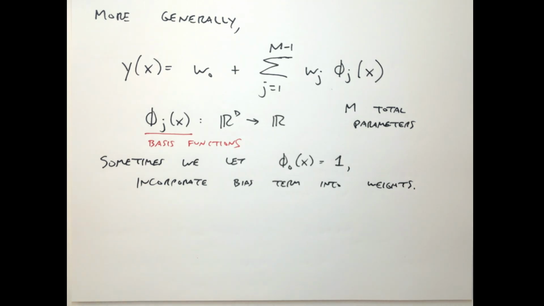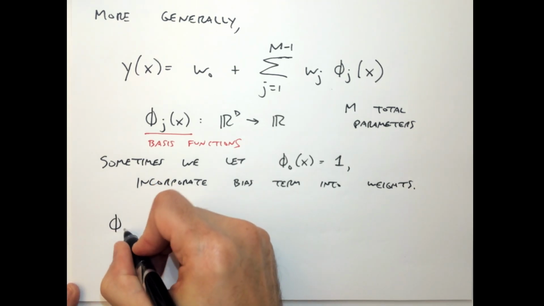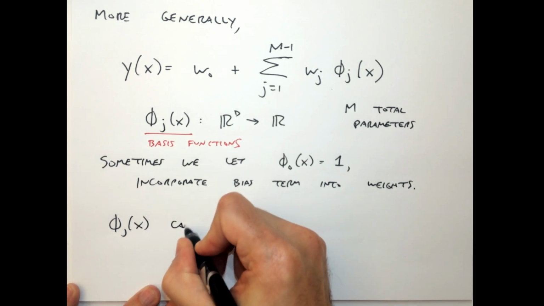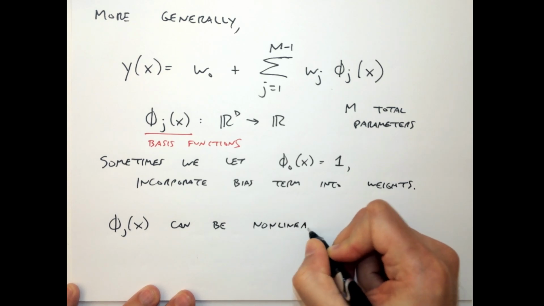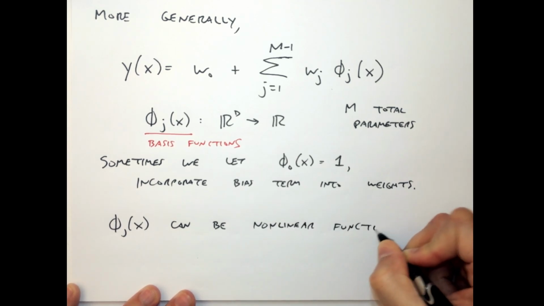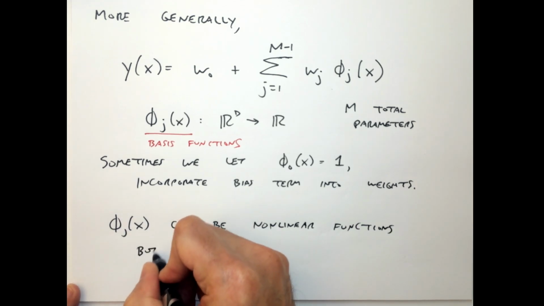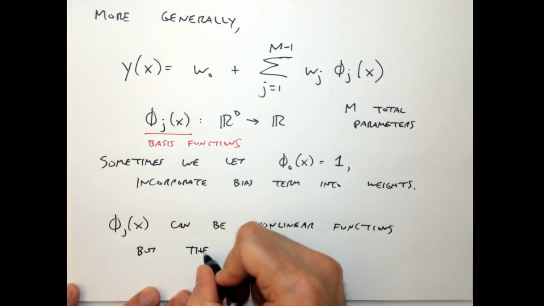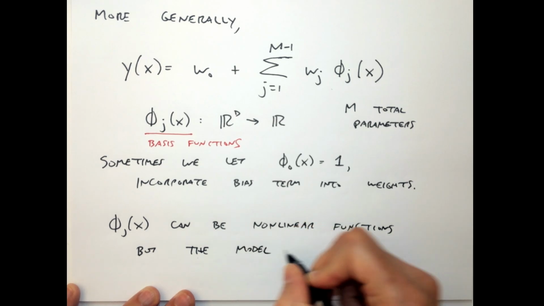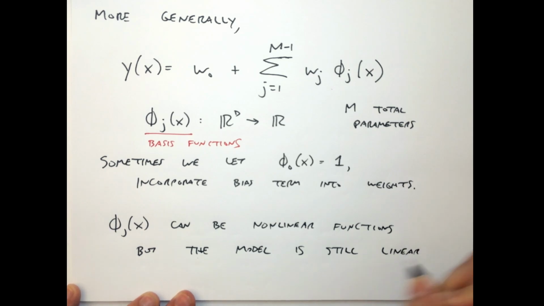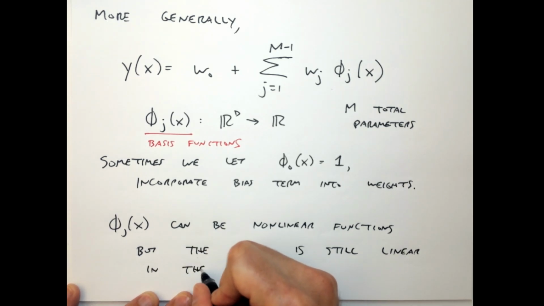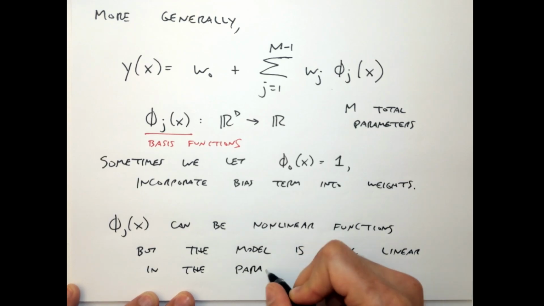That's a key idea: these functions can be nonlinear functions of x, but the model is still linear in the parameters w.